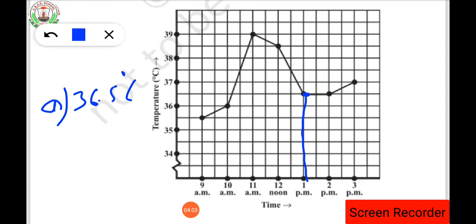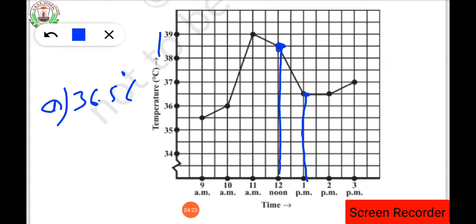What was the time at which the temperature of the patient is 38.5? This temperature will be between 39 and 38, so that is 12 noon. At 12 noon the patient's temperature is 38.5 degrees centigrade.